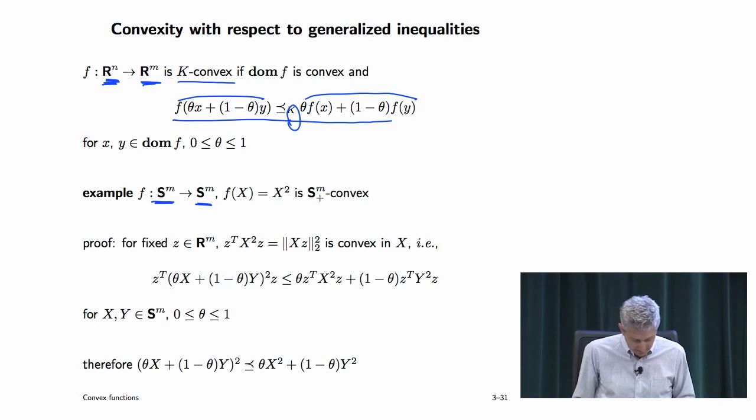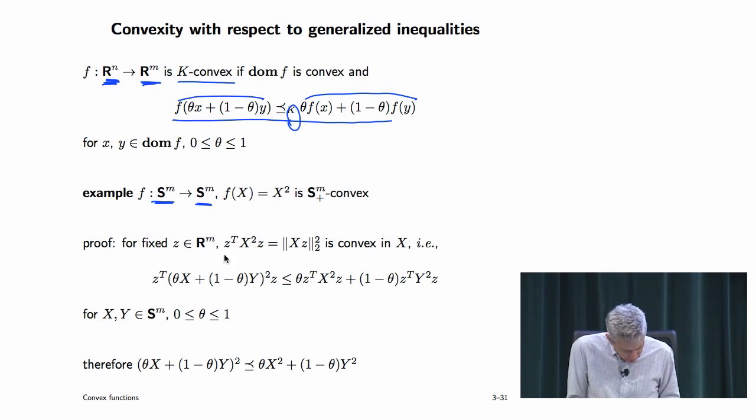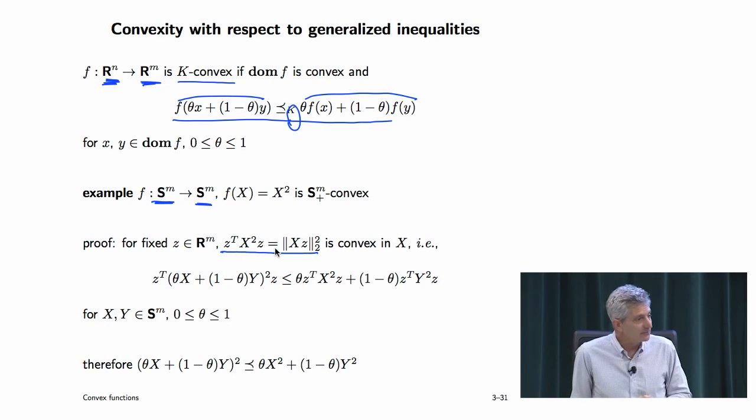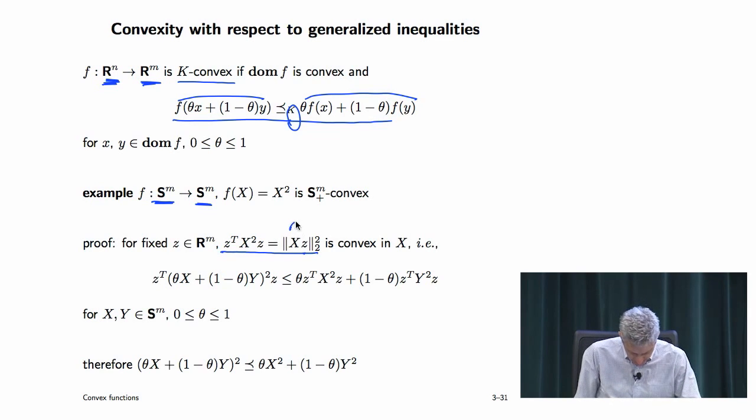What you have to check is whether z transpose X squared z is convex with respect to capital X, for each z. That's what you have to check. And that is true because you write it this way. Now this expression, capital X times little z, is linear in capital X. And then you have a norm squared, that's convex. So this expression is convex in capital X.